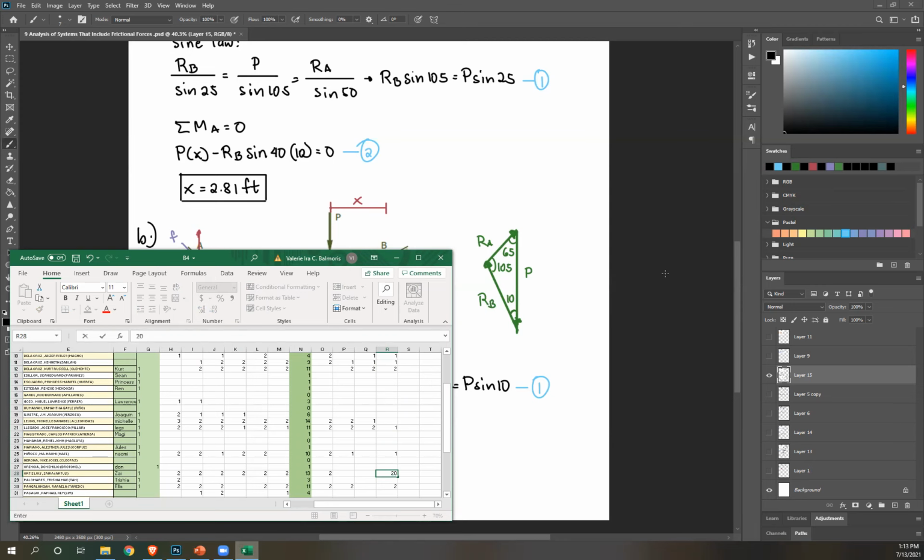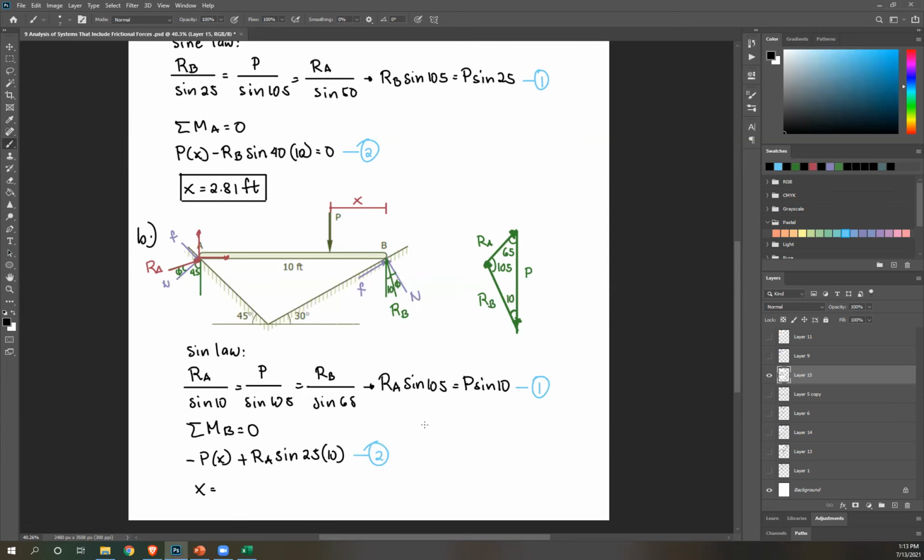For those who are wondering how, RA is P sine 10 over sine 105, right? This equation becomes negative Px plus P sine 10 over sine 105 times sine 25 times 10 equals 0.